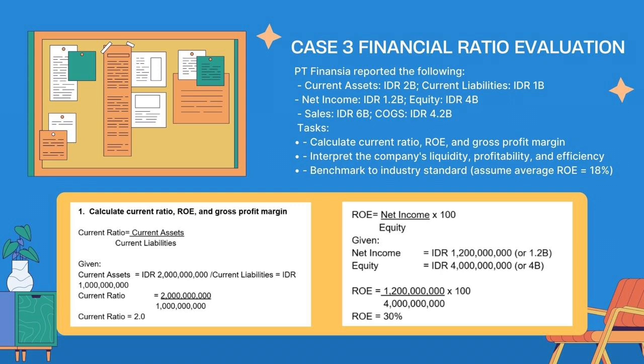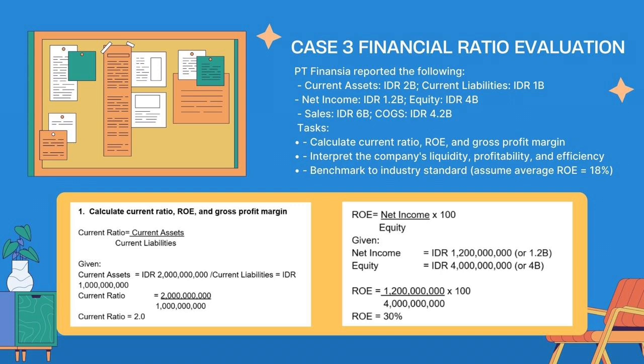Number 1, first we get the current ratio. The current ratio formula is current assets over current liabilities. The given above already has 2 billion over 1 billion rupiah, so the total is 2.0. And now we move to the ROE.